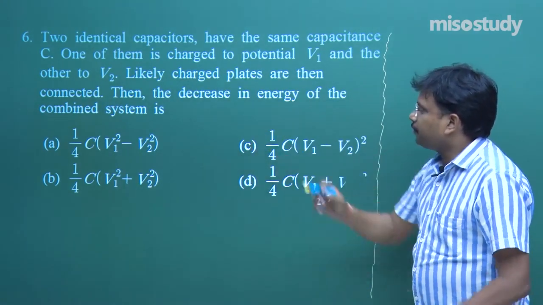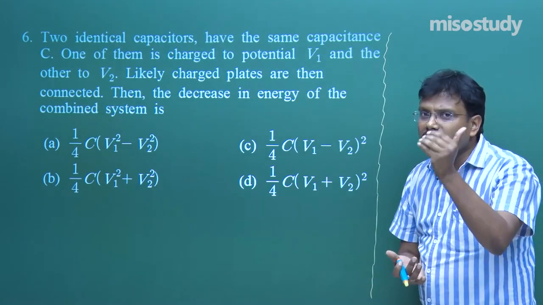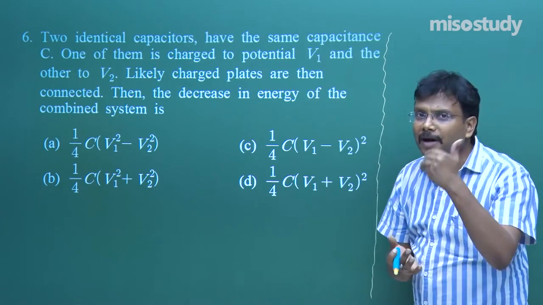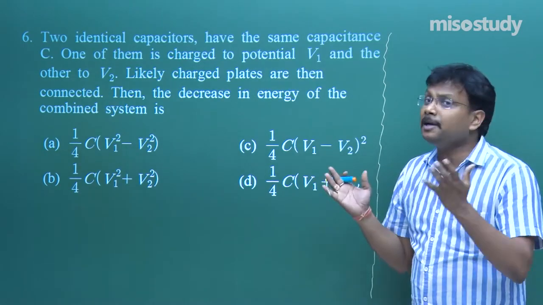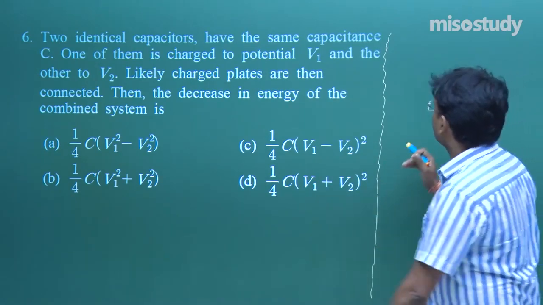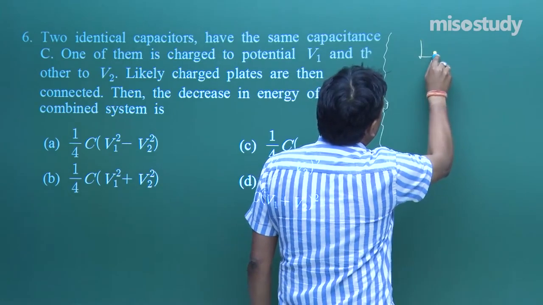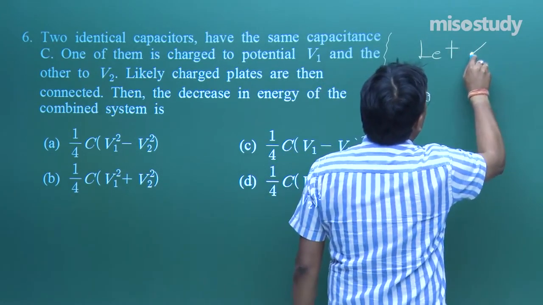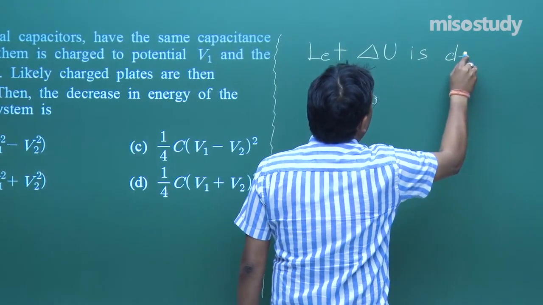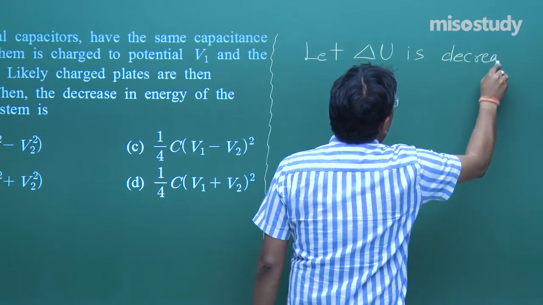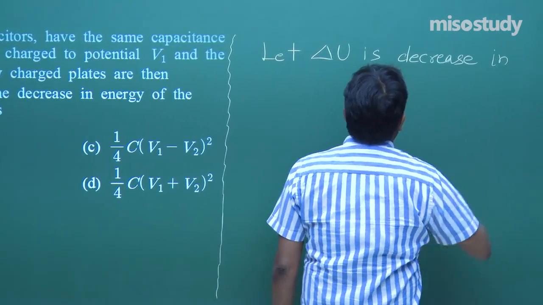Now, the decrease in energy of the combined system: if you can find the initial energy and final energy, then the difference of initial and final is the decrease in energy. Let me write it down this way. Let delta U be the decrease in energy.